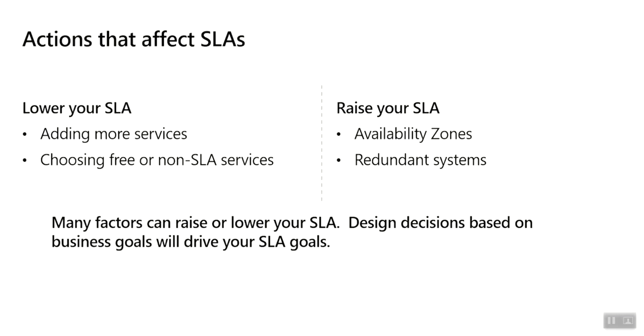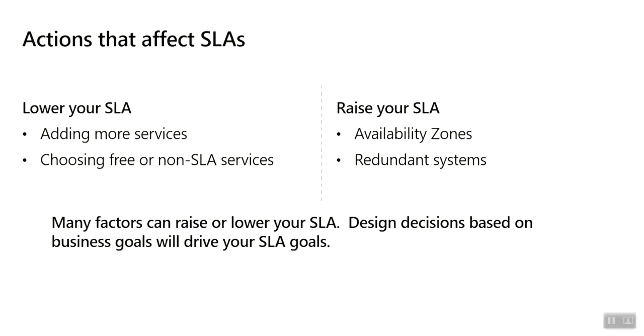And if you choose a free service or a preview feature, those won't have SLAs associated with them. But if you want to raise your service level agreement, yesterday Lorraine showed you availability zones. That's one way to increase your SLA when it comes to virtual machines. Same thing with building in redundancies into your systems.